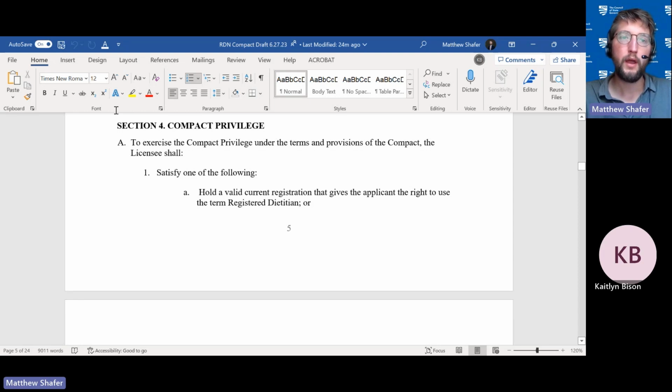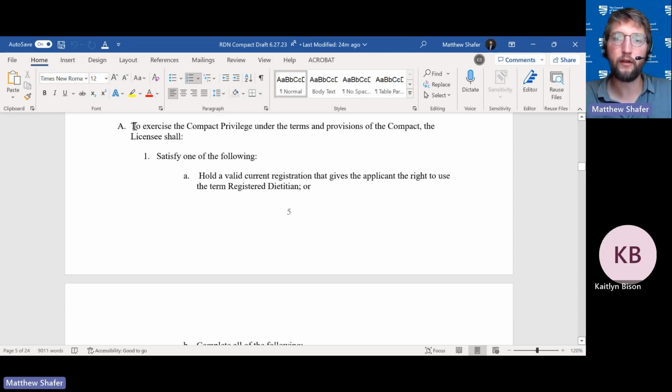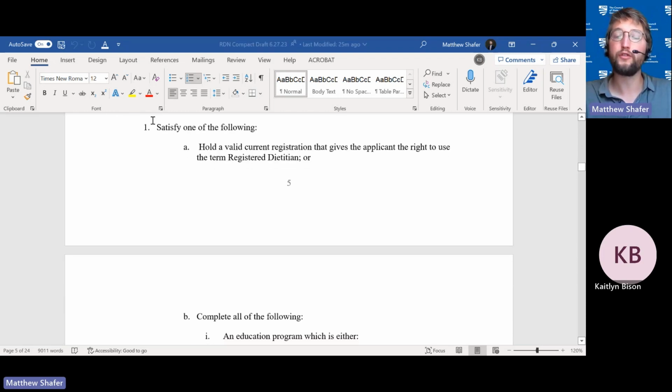All right, so just to get right into it, subsection A talks about here's how you get a compact privilege. Number 1, satisfy one of the following. So there's two routes here. Option 1, hold a valid current registration that gives the applicant the right to use the term registered dietitian.